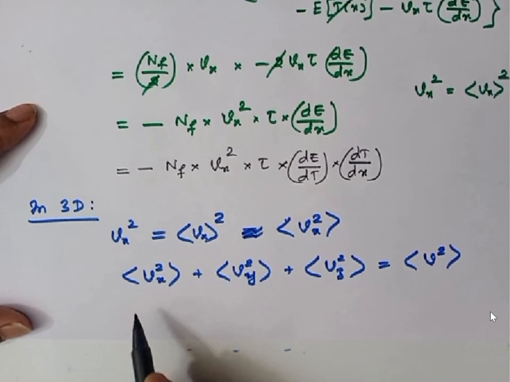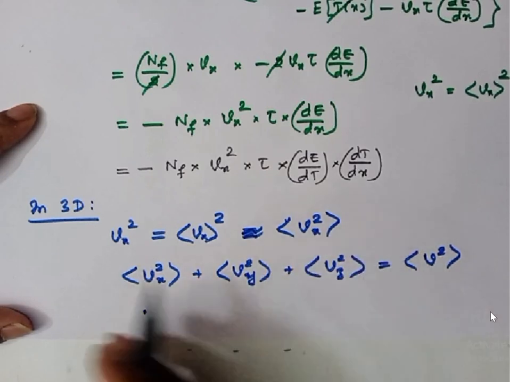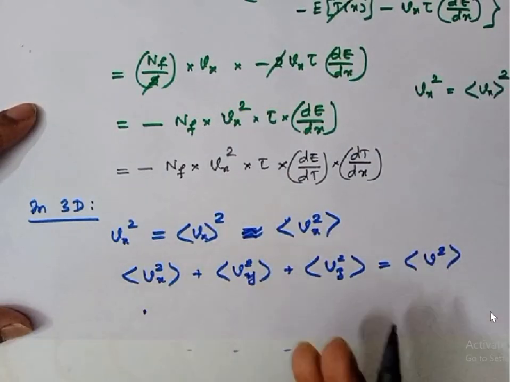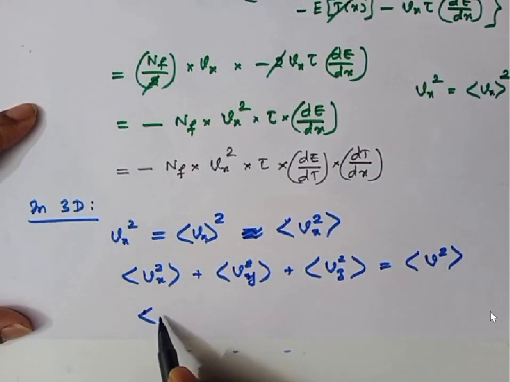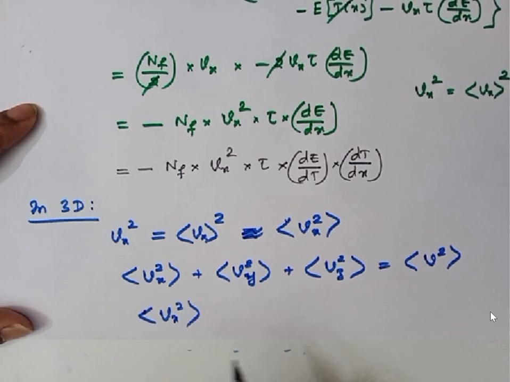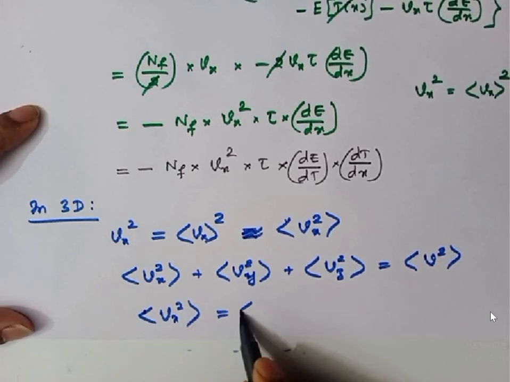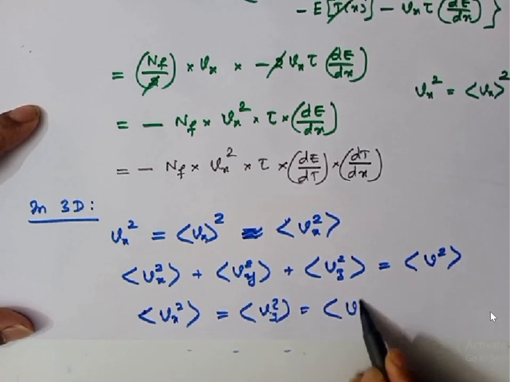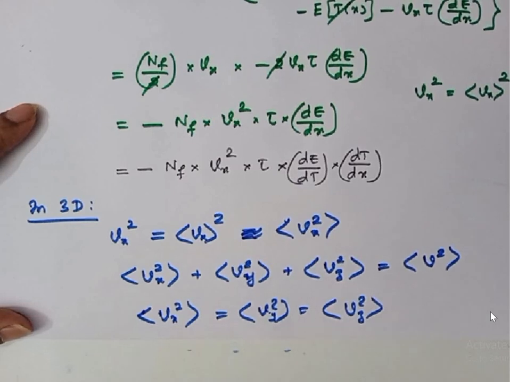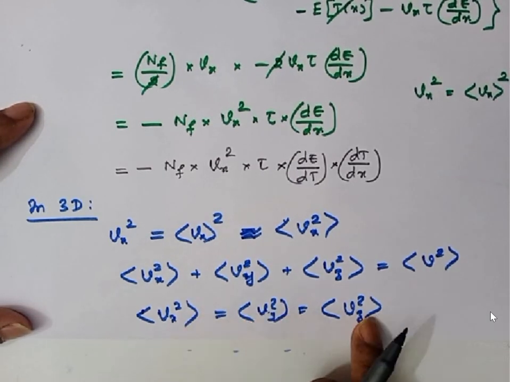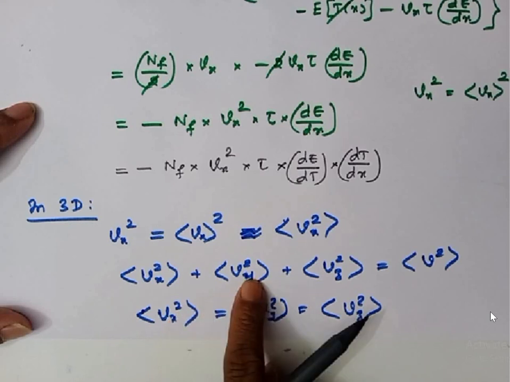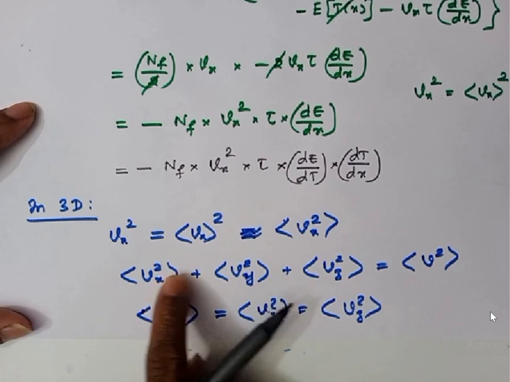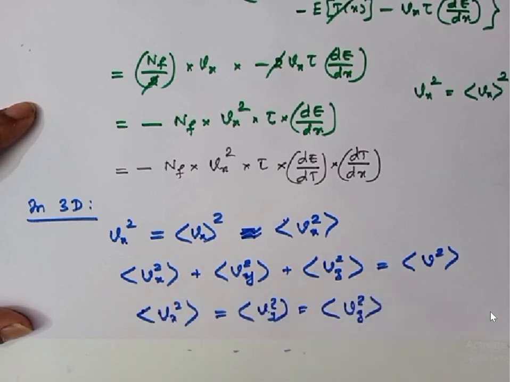And since the free electrons are independent, moving randomly in all directions, we can say that average of Vx square equals average of Vy square equals average of Vz square. These are all equal. Since these are equal, in the place of Vy square I can put Vx square, and in the place of Vz square also I can put Vx square. So I'll get Vx square plus Vx square plus Vx square, so 3 times Vx square.